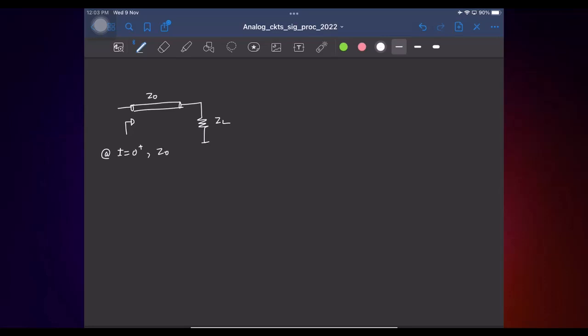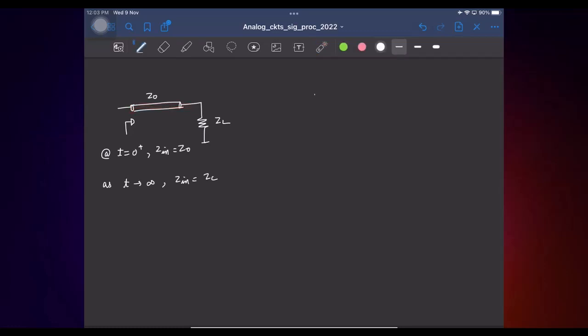Again, this makes sense because at 0 plus you only have the forward wave that is launched, so there is nothing coming back, so the impedance is Z0. As t tends to infinity, what is Zin? Zin is ZL, right? And that makes sense because t equal to infinity basically means I apply some step and then look at what happens in steady state, and in steady state this basically behaves like a short.